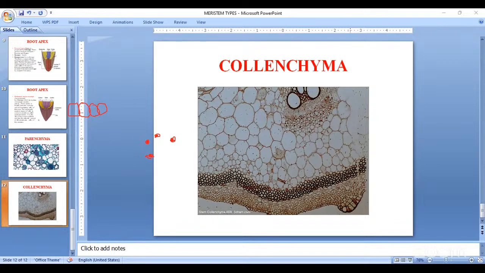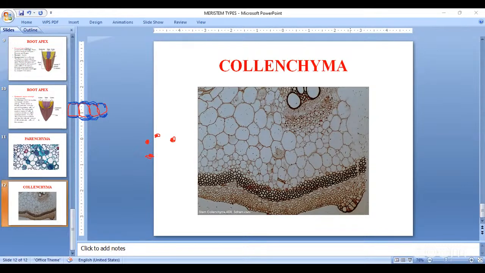I already told you about the tangential wall and radial walls. Here the chemical is deposited on the tangential walls, not on the radial walls. This is lamellar collenchyma.